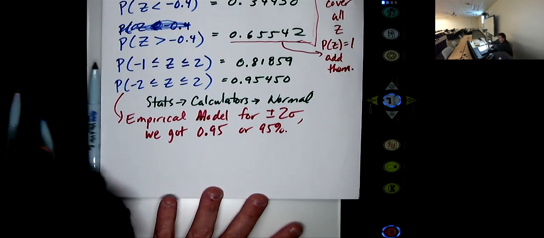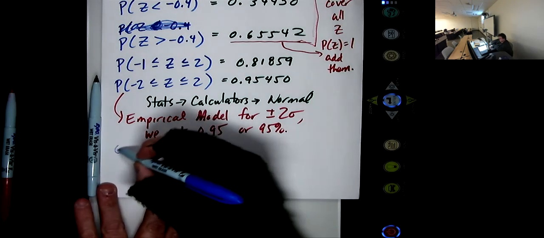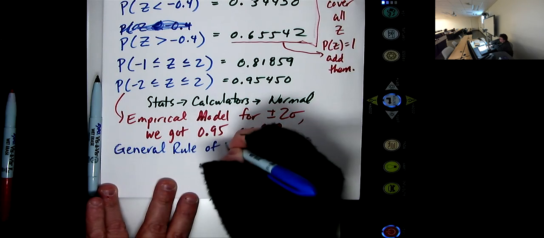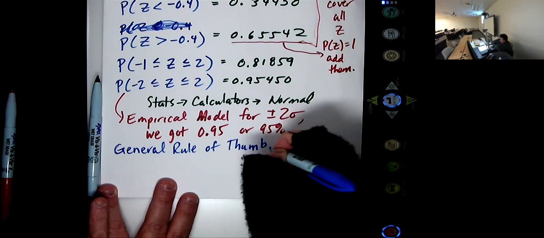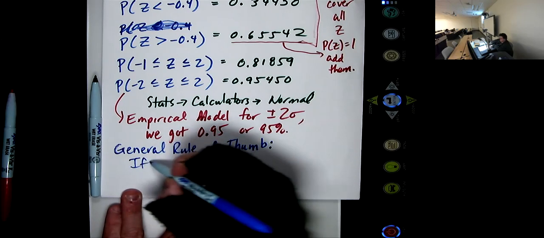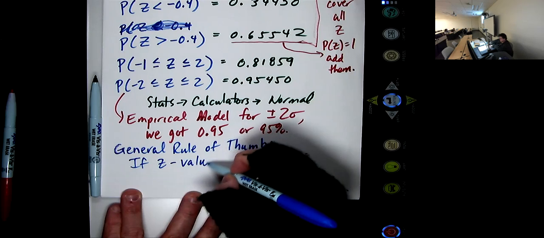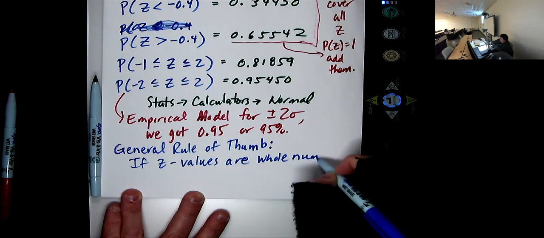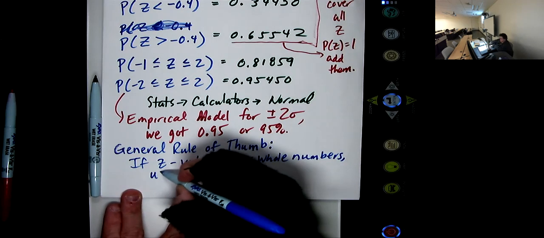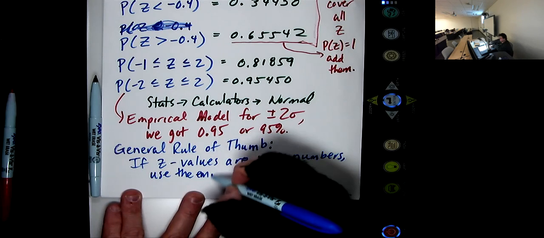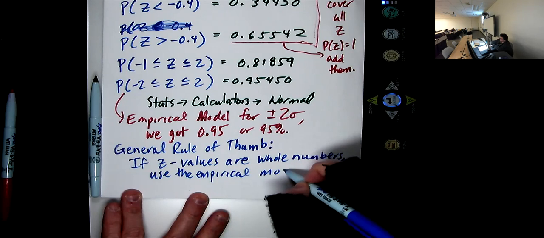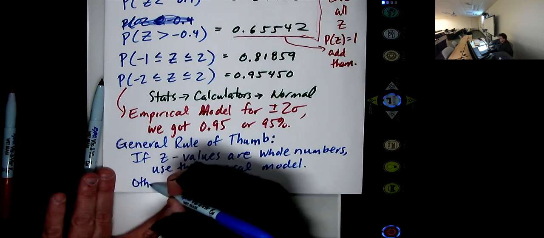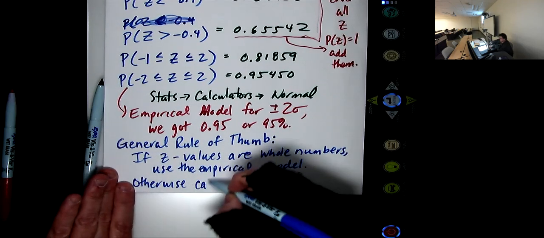Your general rule of thumb: if the z values are integers, are whole numbers basically, use the empirical model. Otherwise, calculate it. Calculate probability.